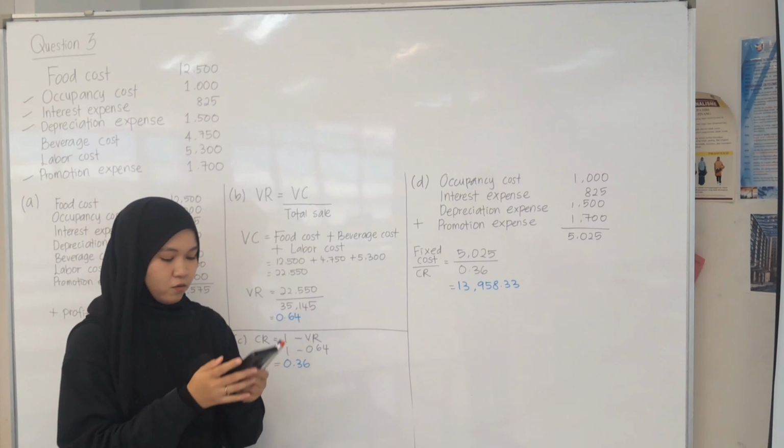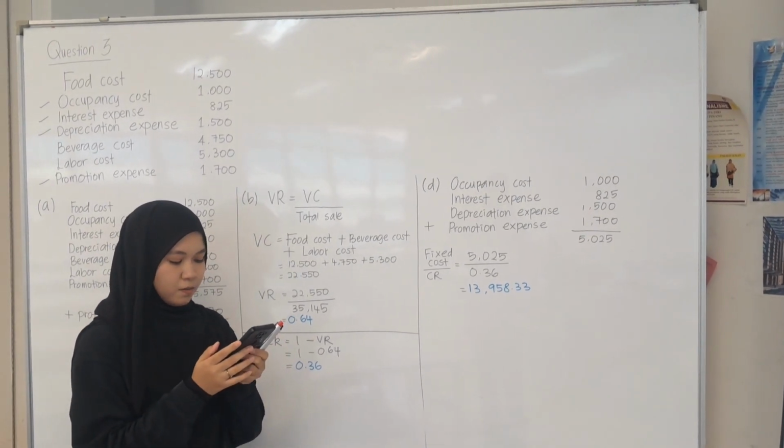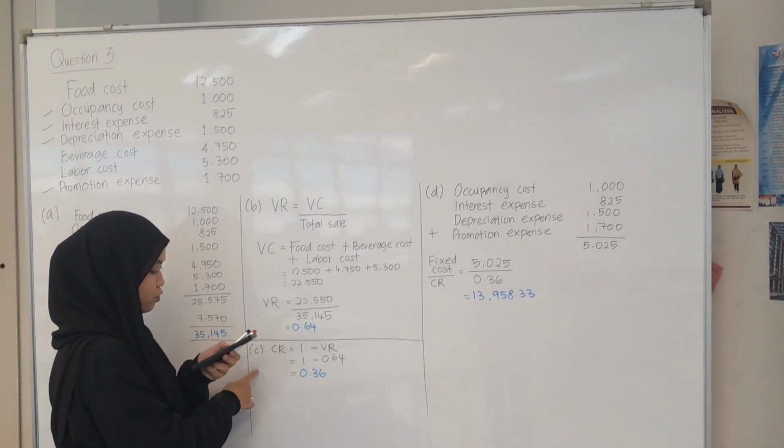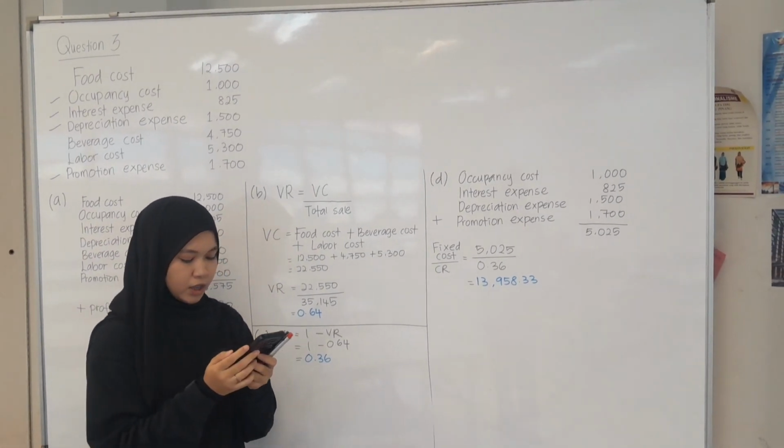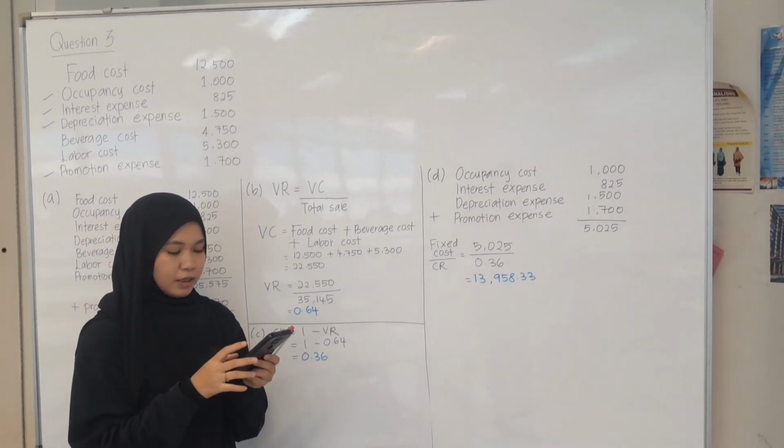And last one, question E. Based on the contribution rate covered in question 2C above, how much sales in dollars have to be achieved if the owner of the restaurant pays for 10,000 coffee?